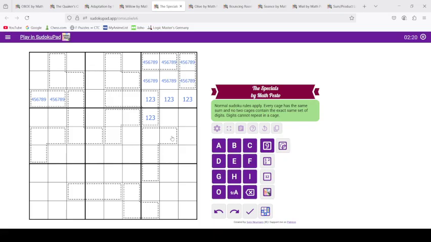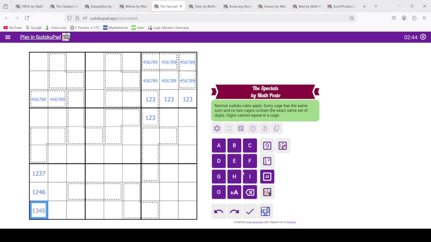Also, every single way of adding up to 13 is 1, 2, 4, 6, as one of them. Right? 1, 2, 3, 7 is 13. 1, 2, 4, 6. Or 1, 3, 4, 5.